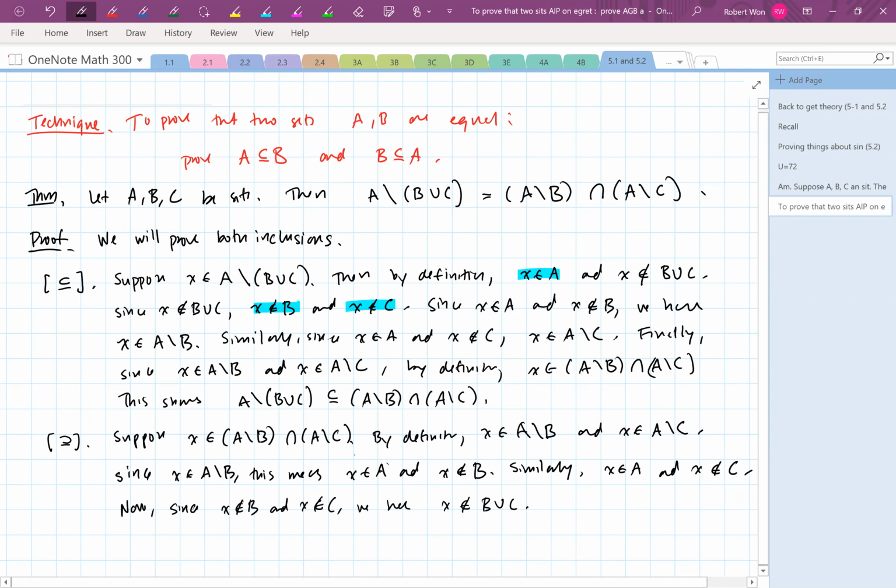Now I have X in A, X not in the union. Therefore, X is in A minus the union. So this shows that the right-hand side is the subset of the left-hand side.